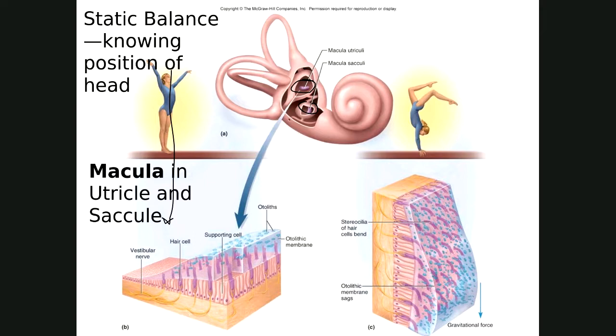Look, the hair cells are straight up. They're embedded in this little membrane that's got rocks in it. Well, the rocks are pushing down due to gravity, like this. They're being pulled down, straight down. But look what happens when she bends over and changes the position of her head.